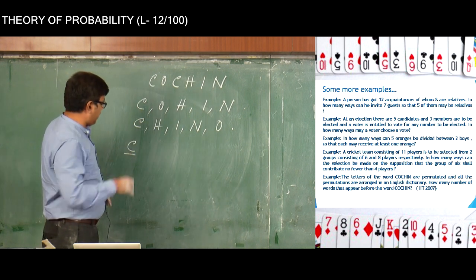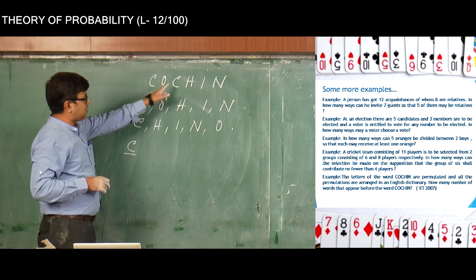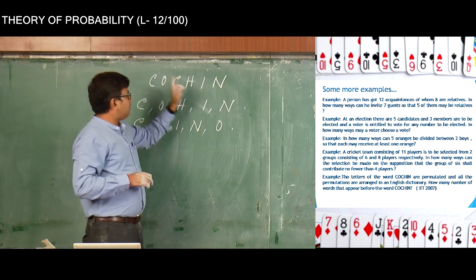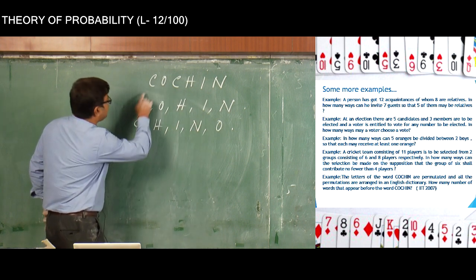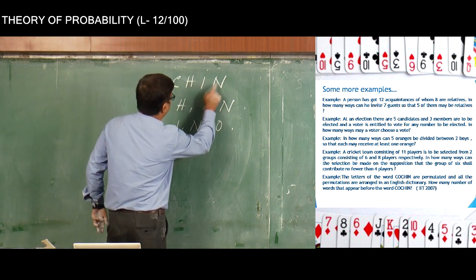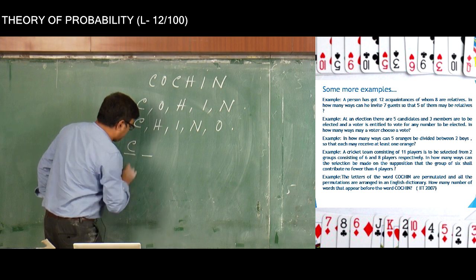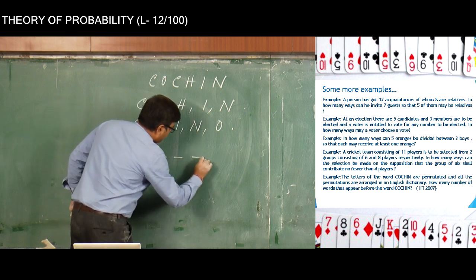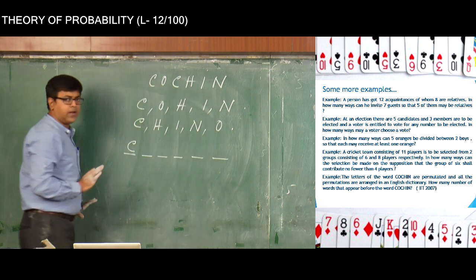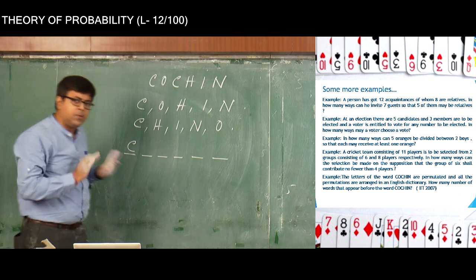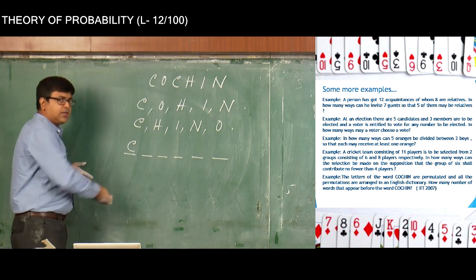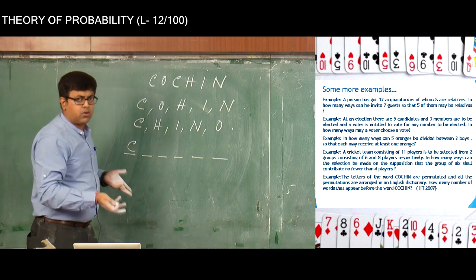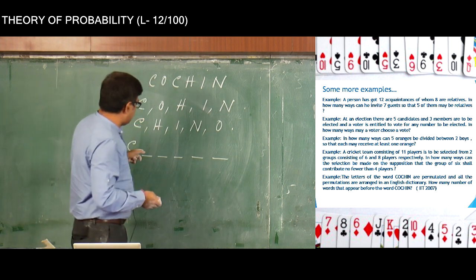We are still left with one more C, O, H, I and N. Now, how many places are there? 1, 2, 3, 4, 5, 6 places. So, I just mark them 1, 2, 3, 4, 5, 6. There are 6 places to fill up. Now, the first position will be C. If I think alphabetically, by default the first position will be C. No doubt about that. Now, what about the second position?